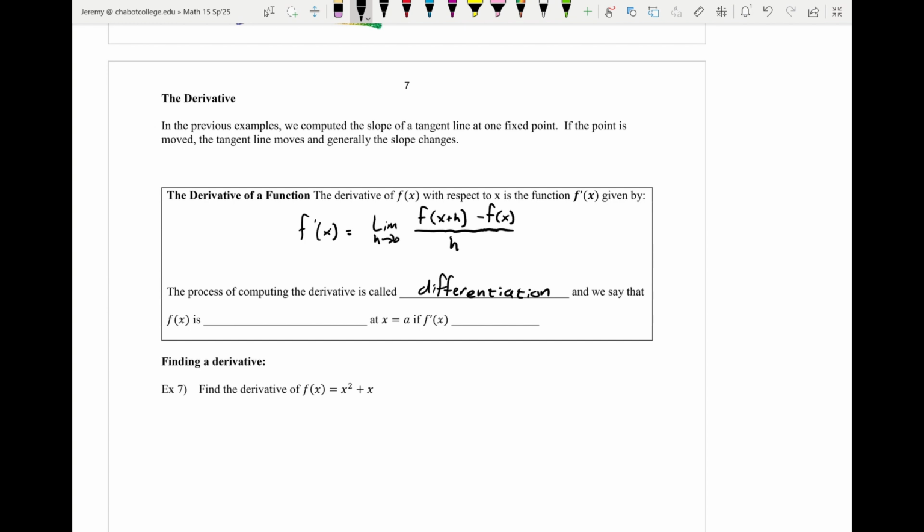And we say that f of x is differentiable at x equals a if the derivative f prime of x exists at a.